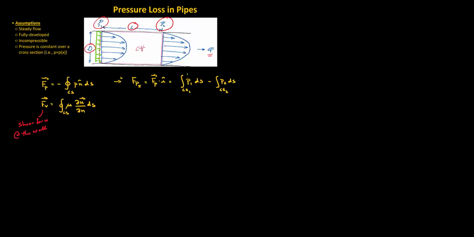And again, recall that we are saying that the properties are constant across the cross-section. So these ones can be taken out of the integral. And what we end up with is something of the form P1 minus P2 multiplied by pi D squared over 4, which is the cross-sectional area. So this is the net pressure force in the axial direction.